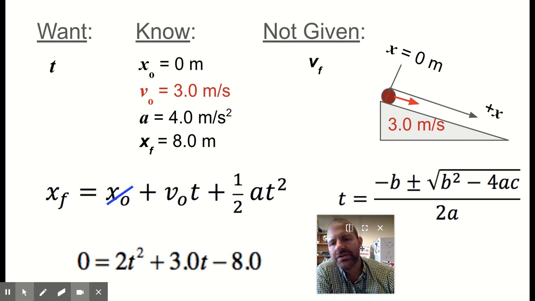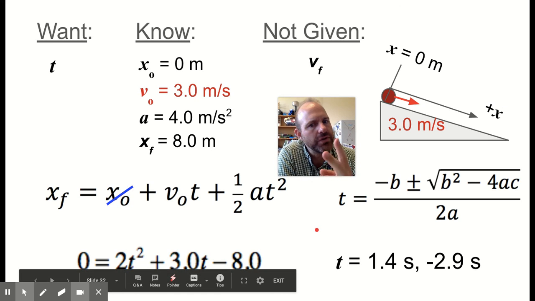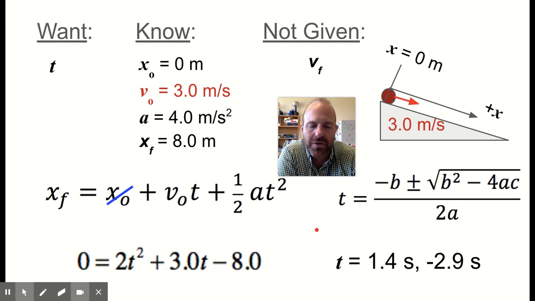And in this case, you're going to have to plug in your values and find out what your A, B, and C coefficients are in order to solve. But once you do, you end up with 2 possible answers, 1.4 seconds and negative 2.9 seconds. Of course, negative 2.9 seconds doesn't mean anything. Things do not go backwards in time, so we pick 1.4 seconds. So that's an example of the kinematics equations and how we use them.